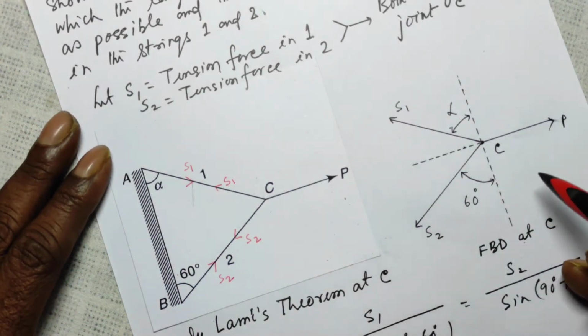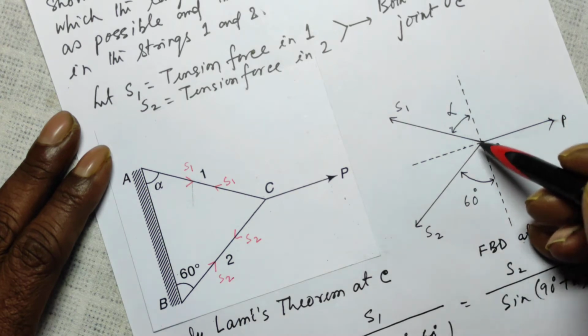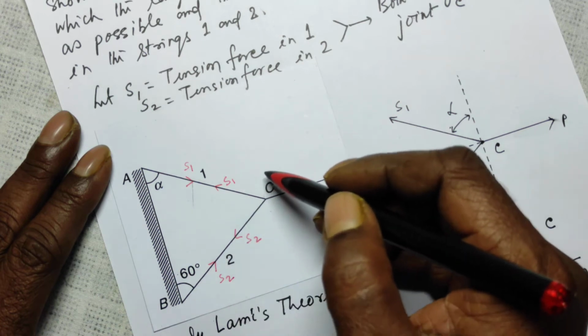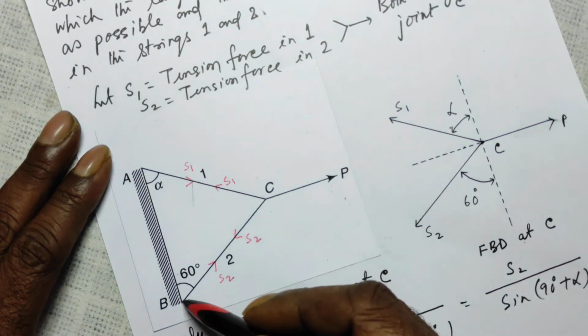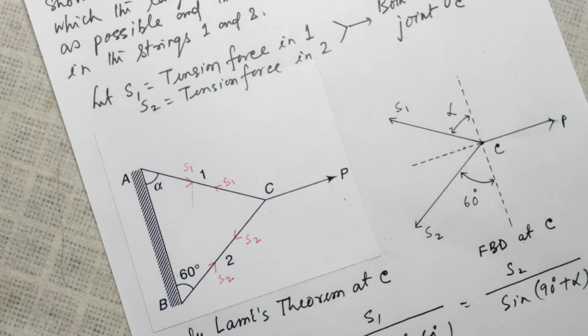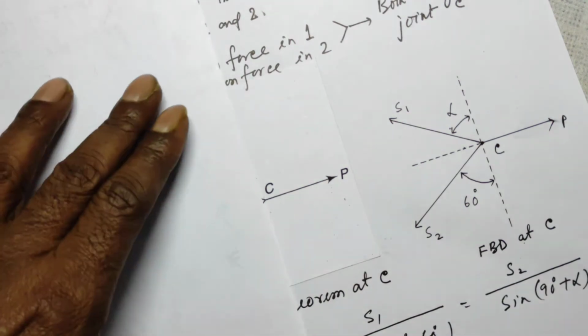Now the question is how this angle is alpha and this angle is 60. If you draw a line parallel to the support AB, let me draw it for you with a scale.